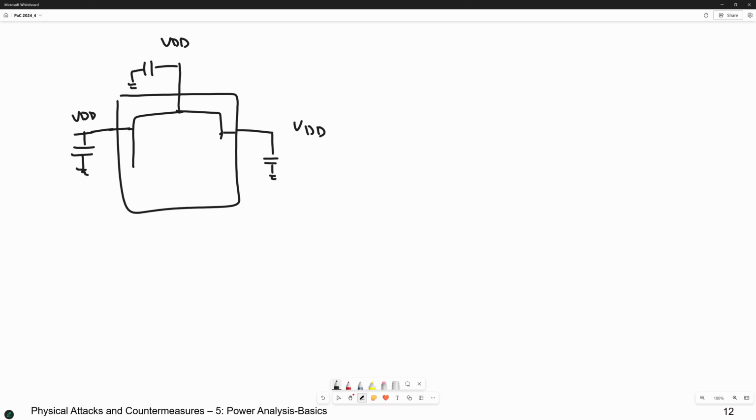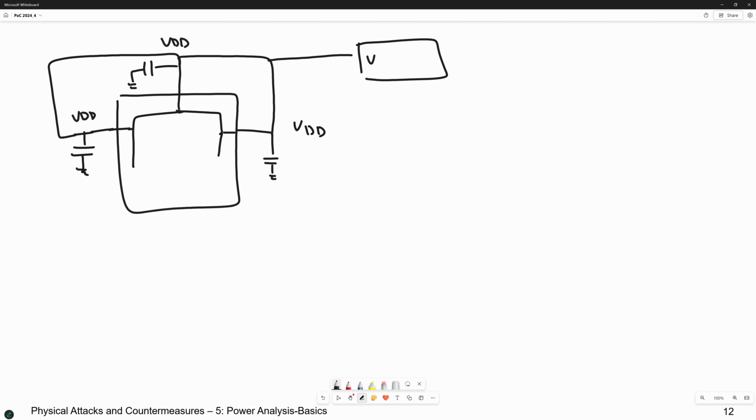Yeah, there might be more. And they are also connected together over the PCB, and they are supplied by something which we call the voltage regulator, sometimes called VRM, voltage regulator module.